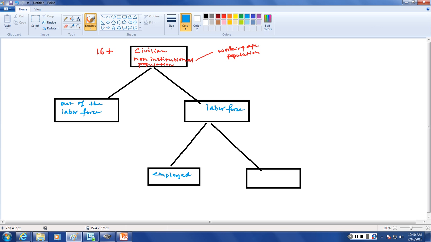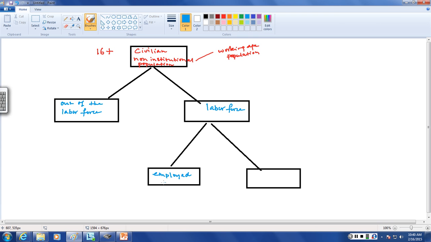Now, if you say that you did work, but you didn't get paid because you were working in a family business, now that can happen, correct? You work in the family store or something, you're not really paid. You're expected to help out, right? In that case, the government says, well, you have to be working at least 15 hours in the preceding week without pay in a family business. Then you are considered to be employed, right?